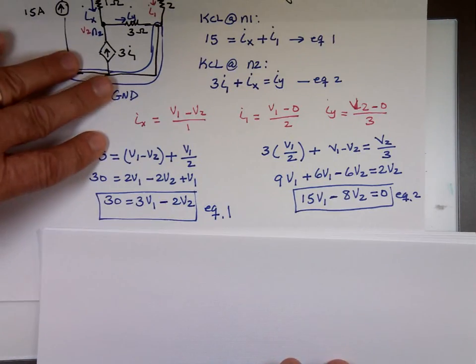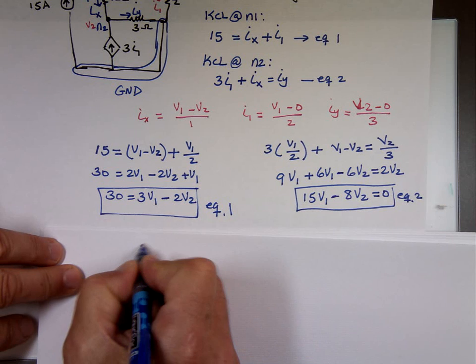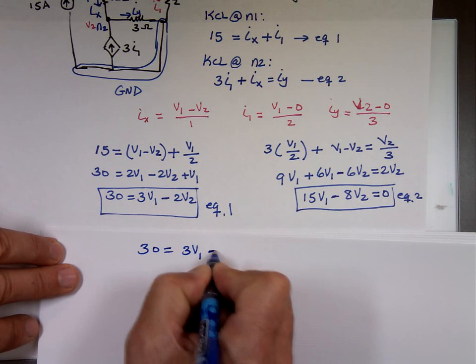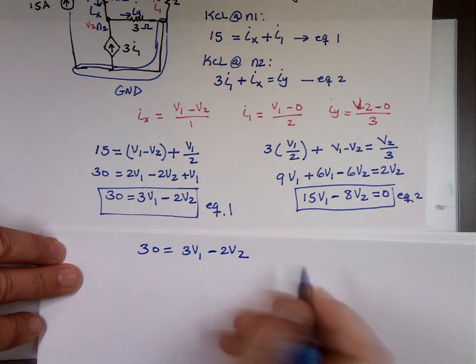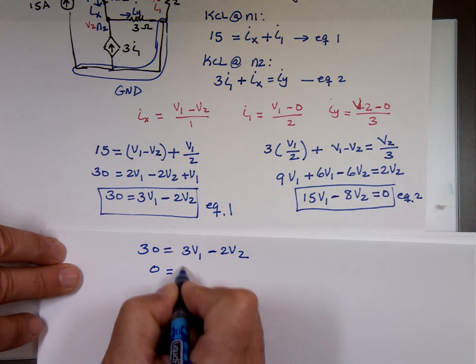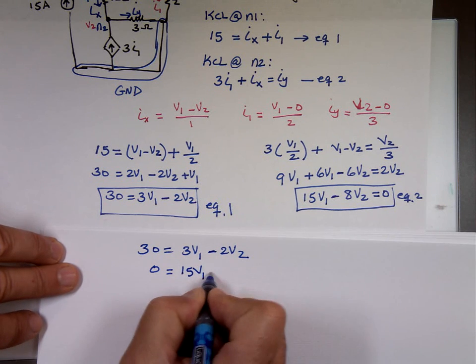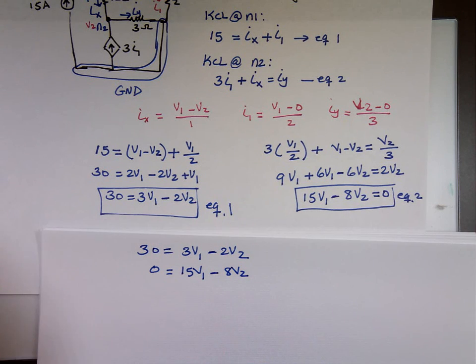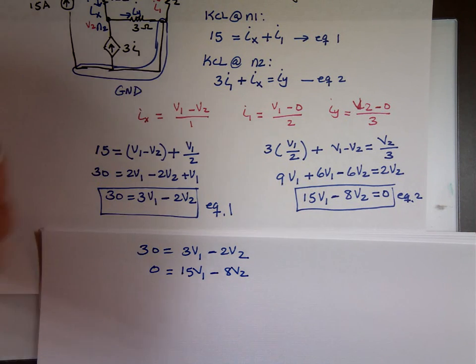Here are the 2 equations. Let me write them down. 30 equals 3V1 minus 2V2. And the other one, 0 equals 15V1 minus 8V2. We can multiply the top equation by negative 4.